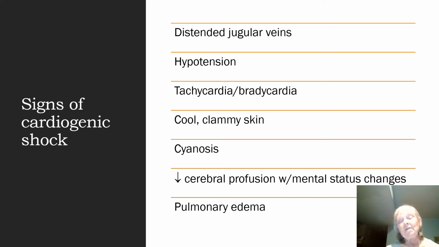It's also going to back up into the pulmonary arteries and the pulmonary veins, and there's your pulmonary edema. You're going to be hypotensive. You can be either tachy or brady. You're going to be diaphoretic, with cyanosis, and you're going to have level of consciousness changes too. You can also end up with tachypnea, crackles, and frothy sputum.